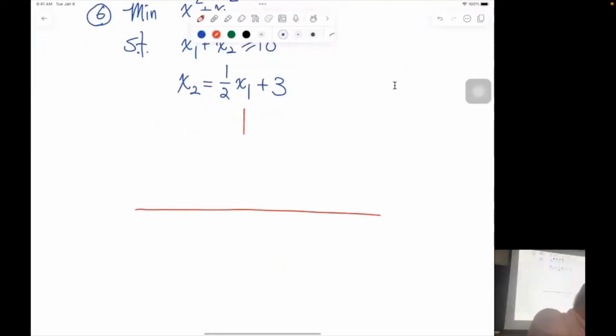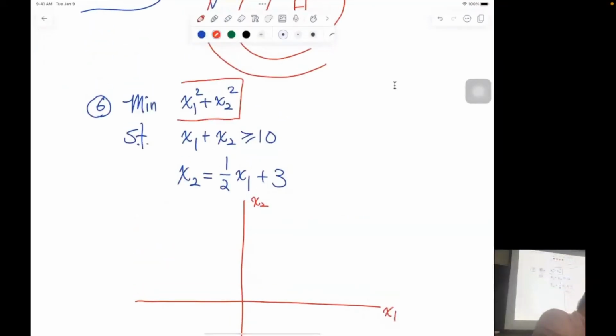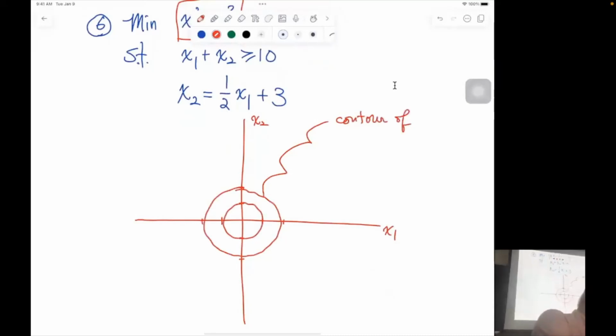Here is x1 and x2. And just like what I showed you earlier, I can draw the contour of the objective function. So they are circles. Okay, so this is the contour of f of x.